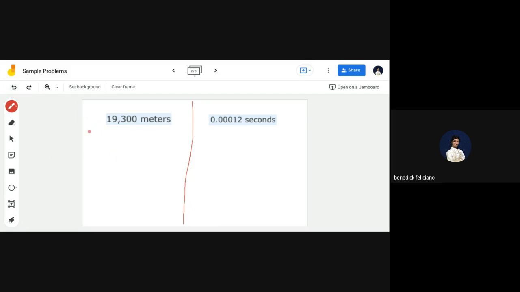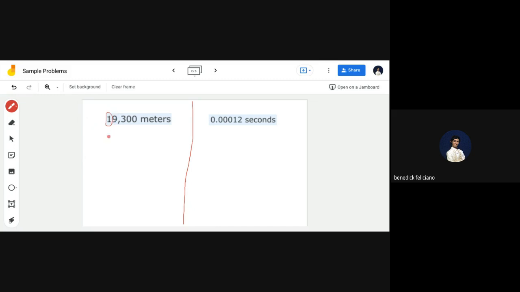If the problem does not tell you how to write the coefficient, then the very first step is to identify the leftmost non-zero digit.